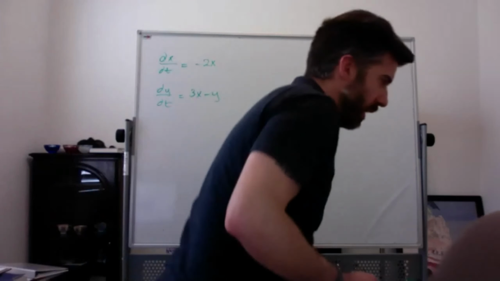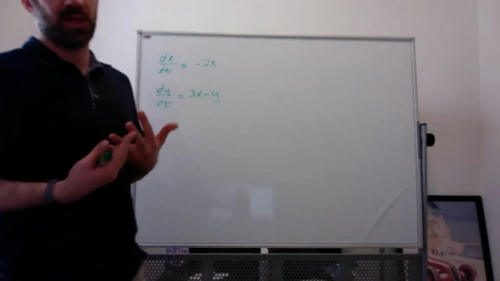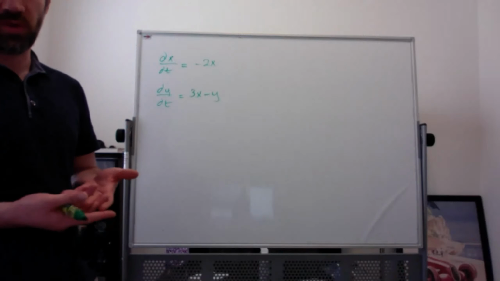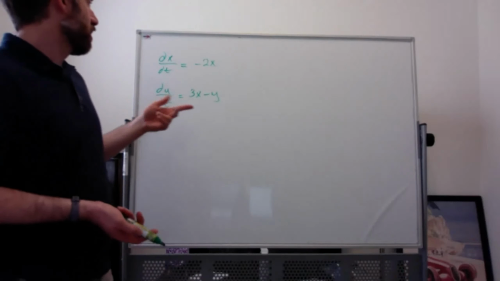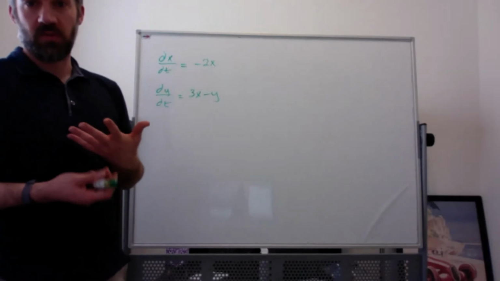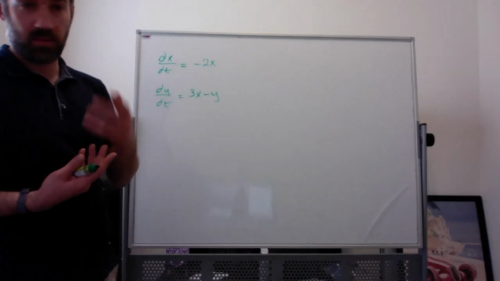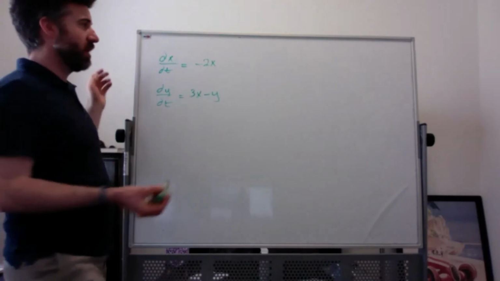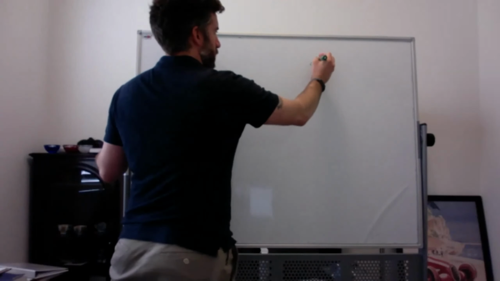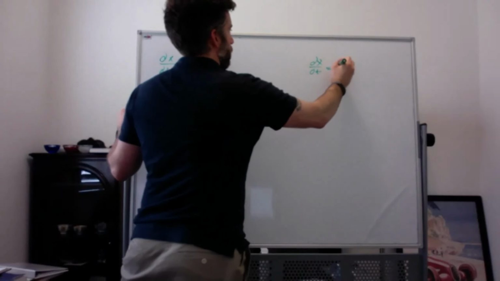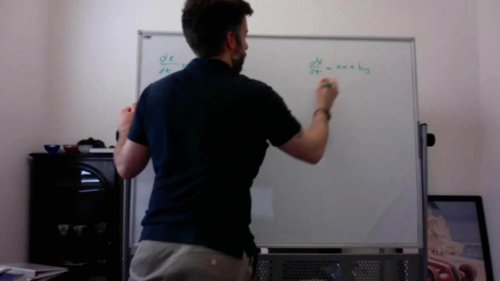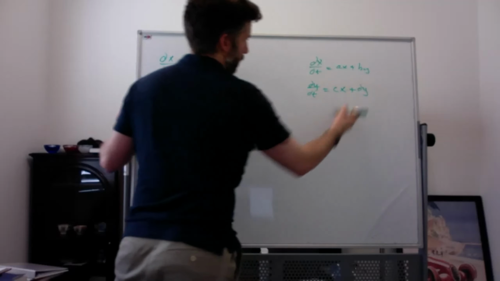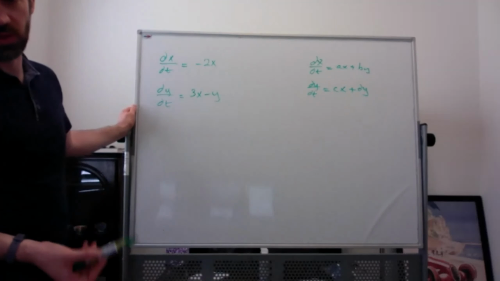And so I just want to mention, because it's always true, for a linear system of differential equations like this, 0, 0 is always going to be one of the equilibrium points, right? If you plug in 0 for x and 0 for y, all these things equal 0. So whenever you have something like dx dt is ax plus by, and dy dt is cx plus dy, that's always going to have 0, 0 as an equilibrium.